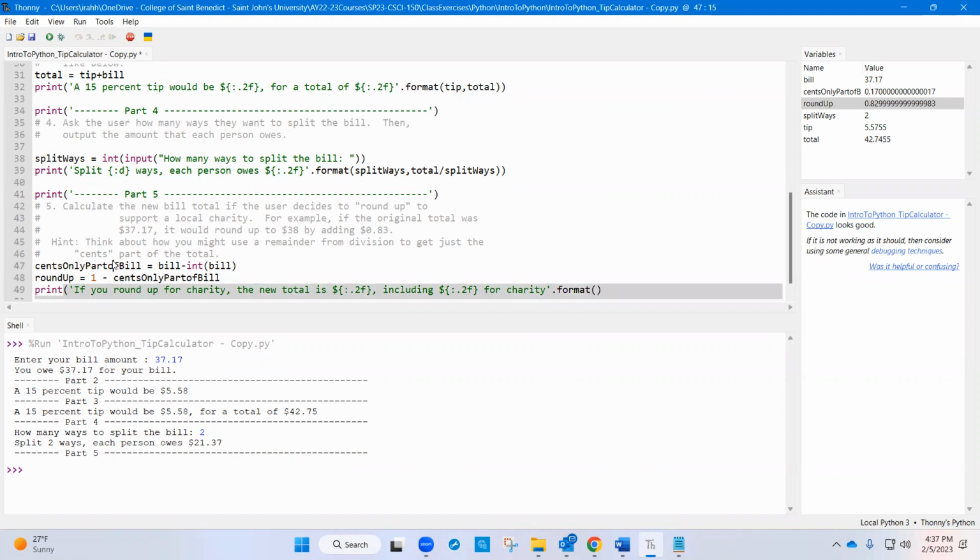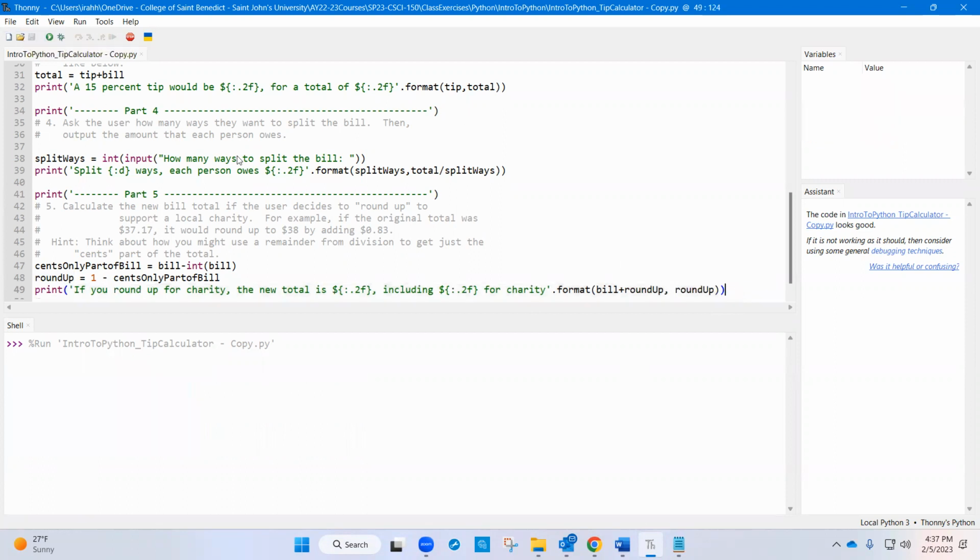The first one would be the new total, that would be the bill plus the roundup, because that's how much I'm adding to the bill for the roundup, and then the roundup alone would be that number displayed over here. And then I should close this. Let's run it.